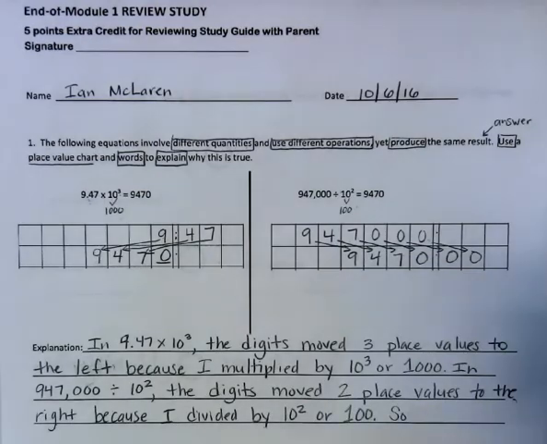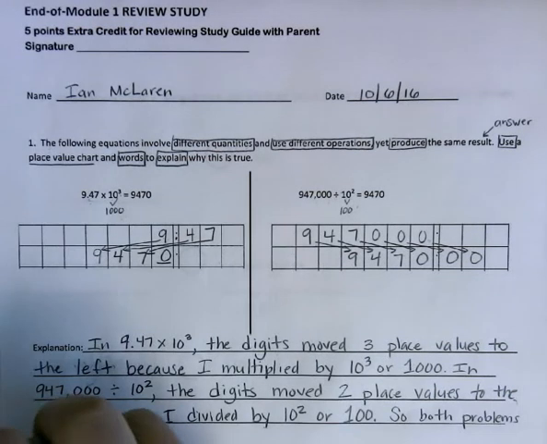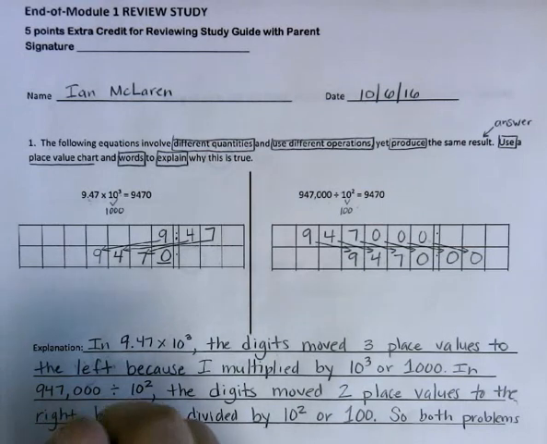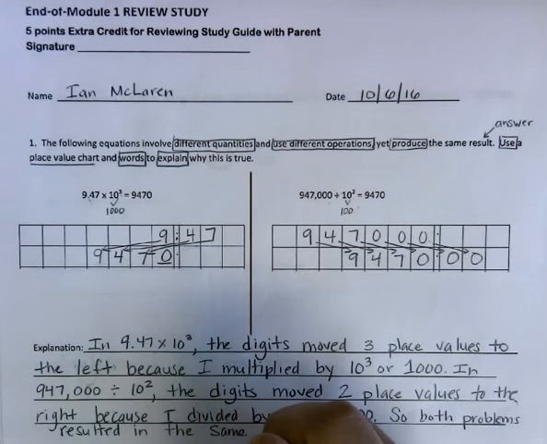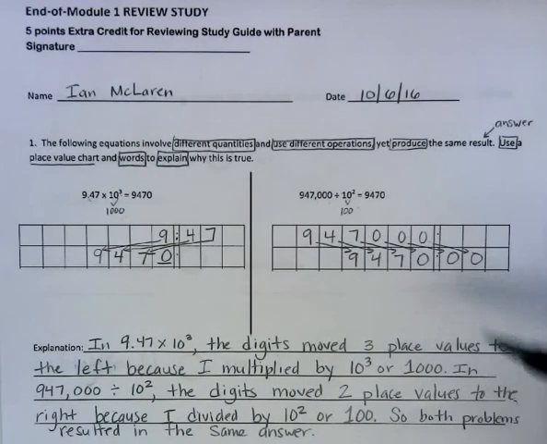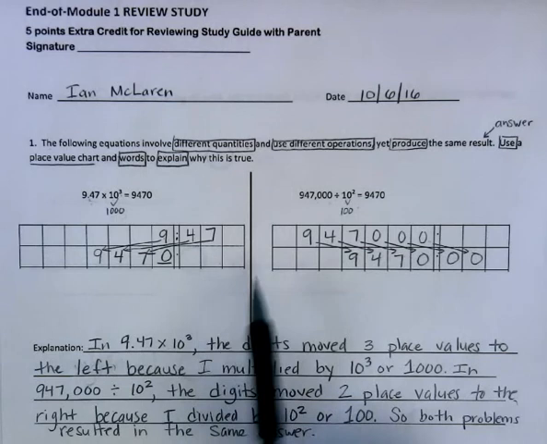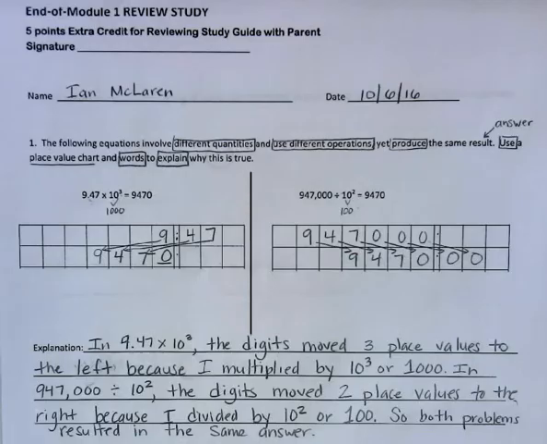So, both problems resulted in the same answer. Okay? So there you go. That's the first question on the study guide, which will be the first question on the test. And that's what we'll be doing, is showing the place value chart, how it moves, and then explaining down here why, how and why. All right?